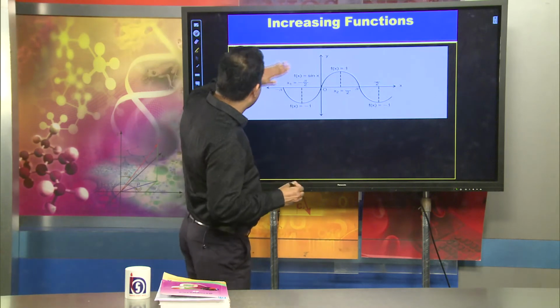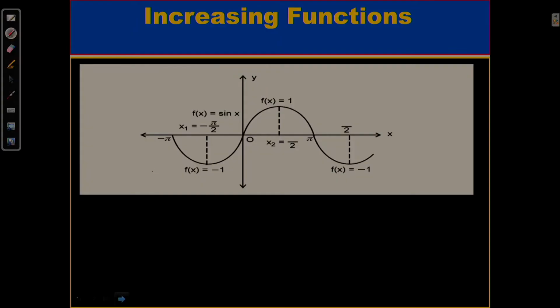If we look at the graph of the sin x function, suppose f of x is sin x. You just observe the graph, at minus pi by 2, suppose this is the x1 point and this is the x2 point.